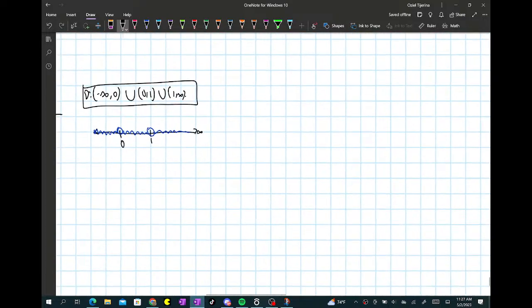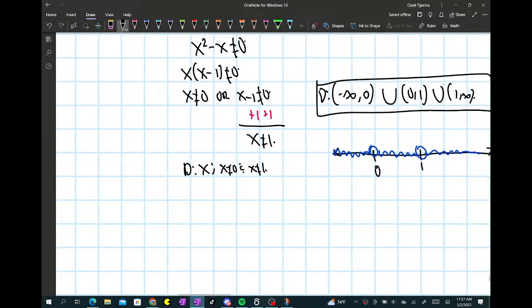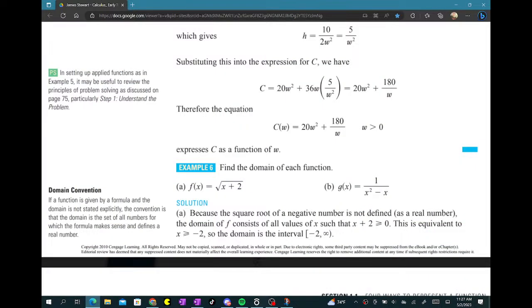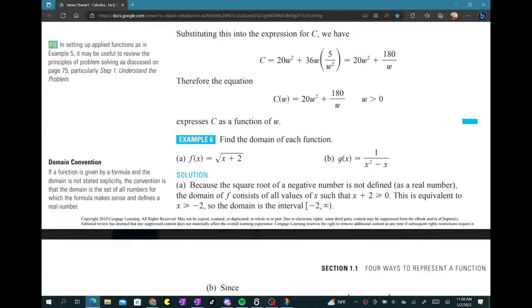And we have to know how to do that for calculus because we use the same kind of process for finding the maximum and minimum values of a function.